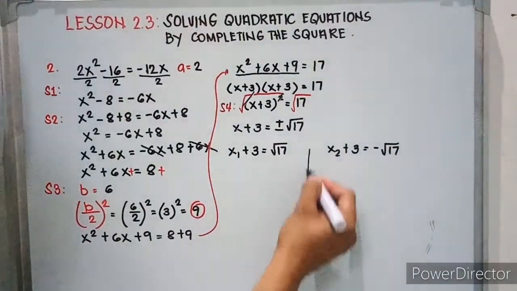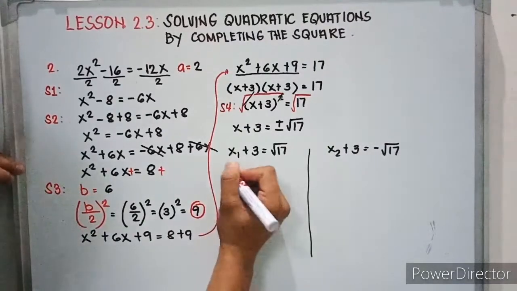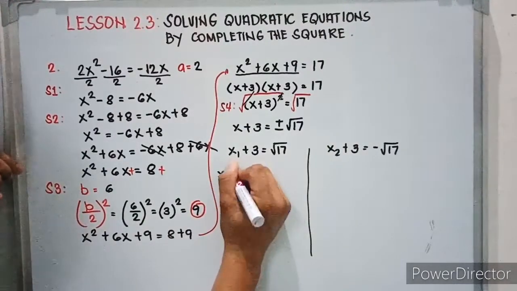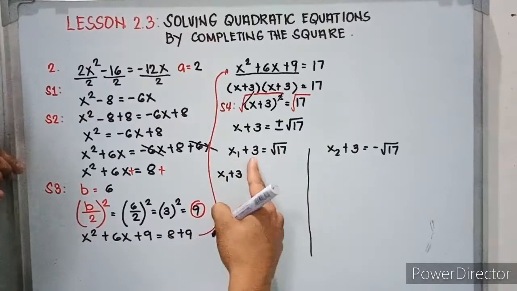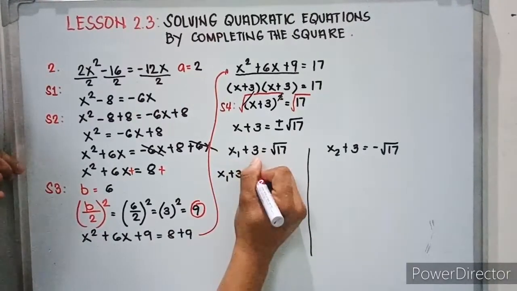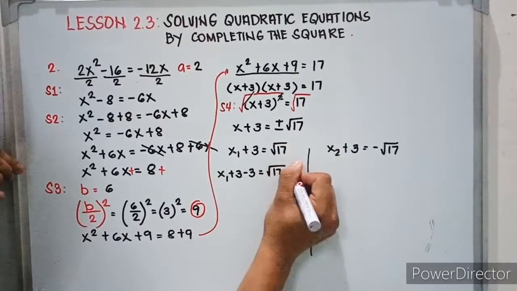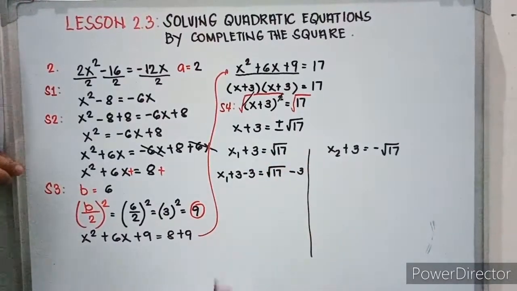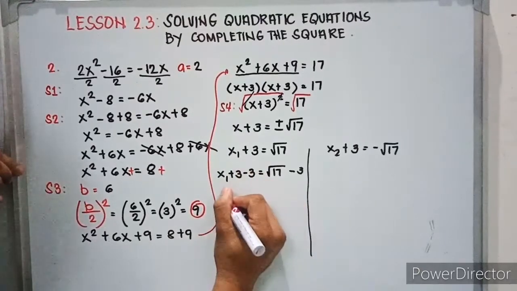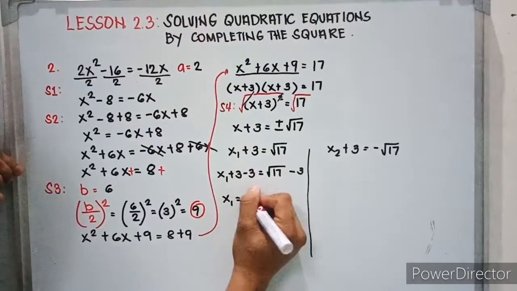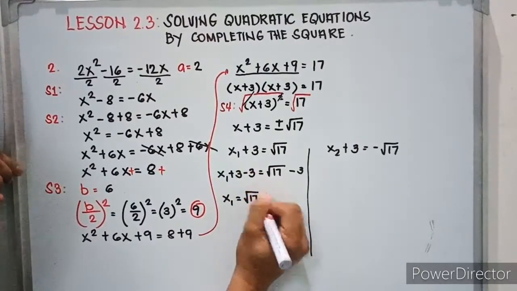Okay, solving for x. So, we will have x sub 1 plus 3. Additive inverse ng positive 3 is negative 3 equals square root of 17 minus 3. So, I'll have 3 minus 3 is 0. So, our x sub 1 is equal to square root of 17 minus 3.